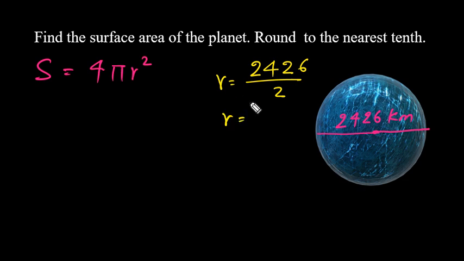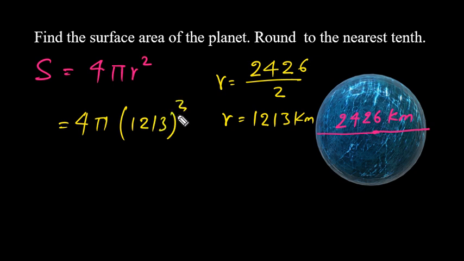Use the calculator for this again. That gives you 1213 kilometers. Now you will use the formula 4 pi times 1213 squared, and again use the calculator.